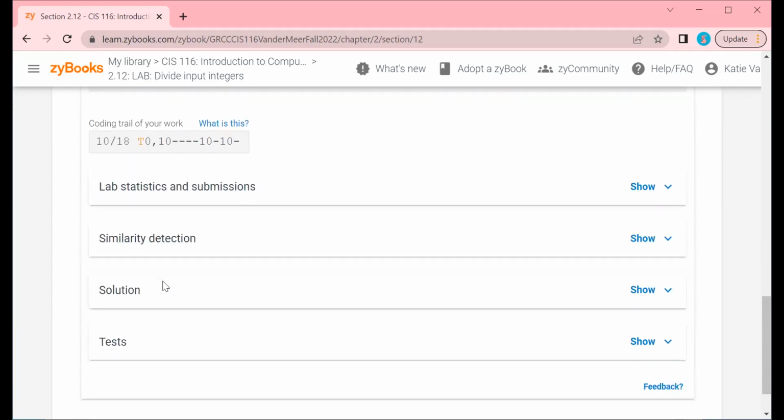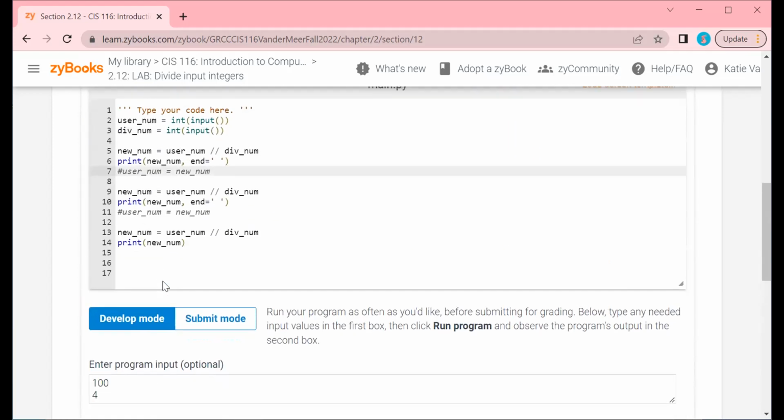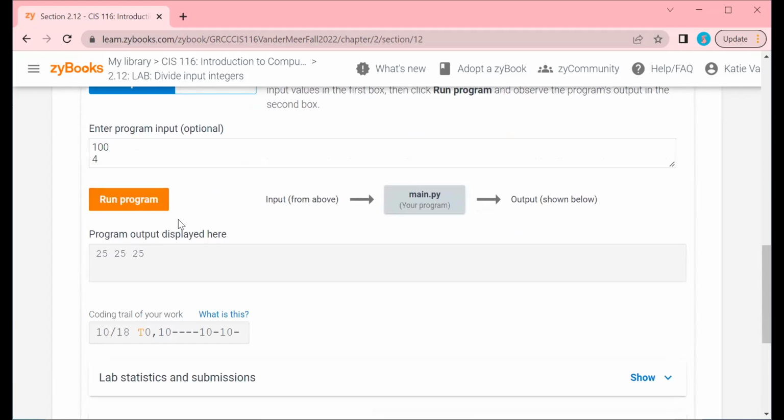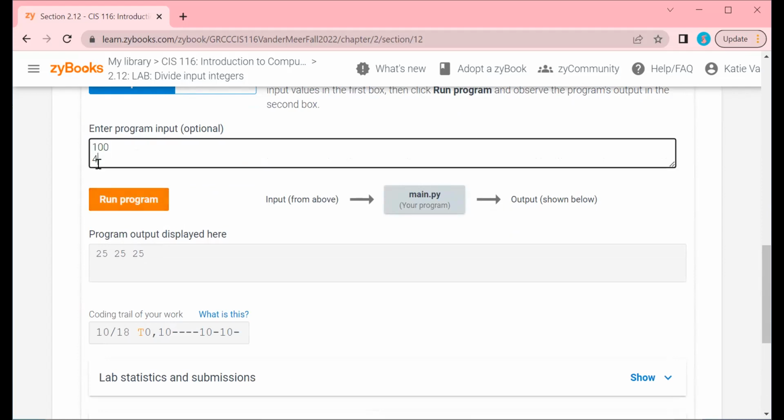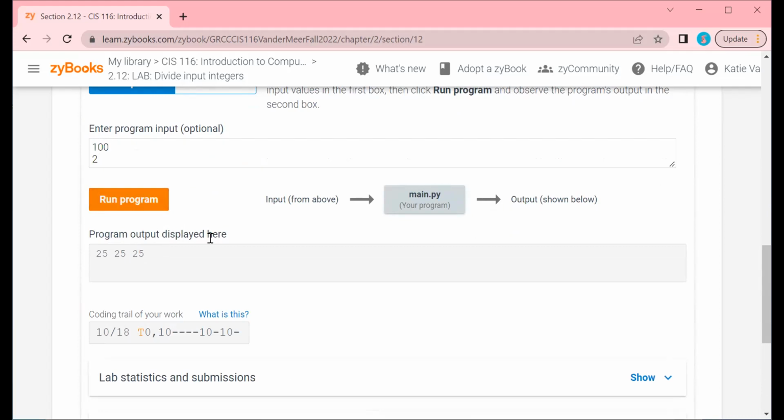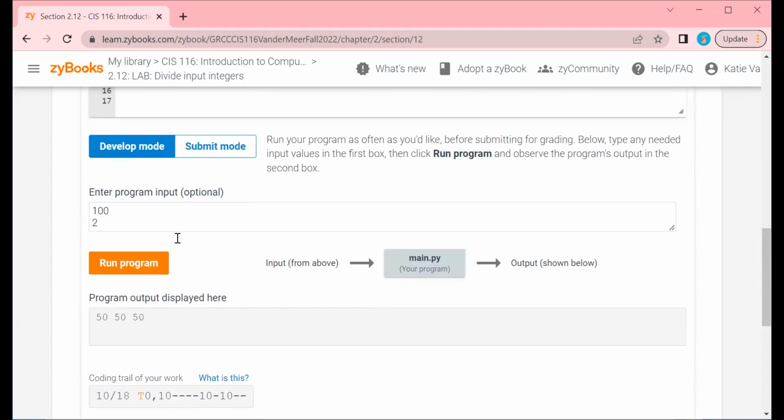It never changes. So when I run it in develop mode, I don't get any logic or syntax errors. It works just fine. I can run it and run it. It looks good. I get output, output, output. But my numbers aren't changing.